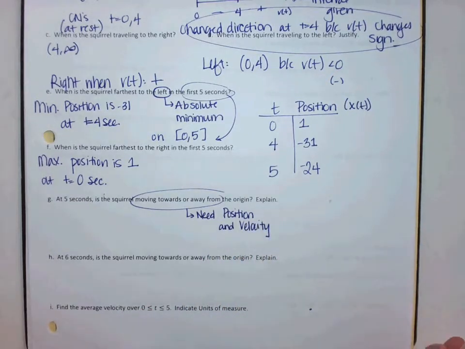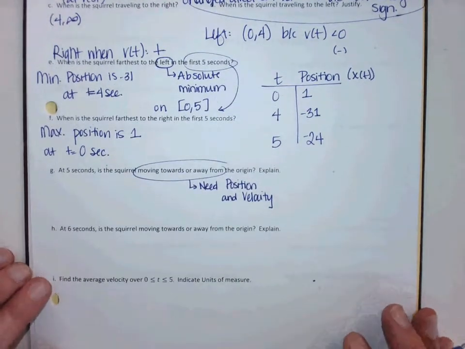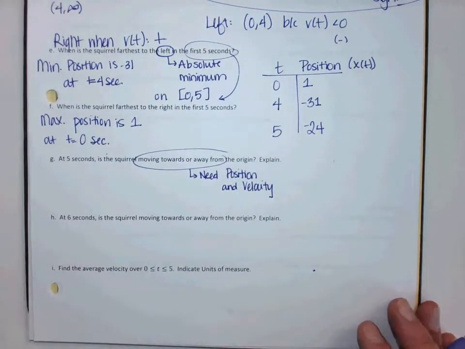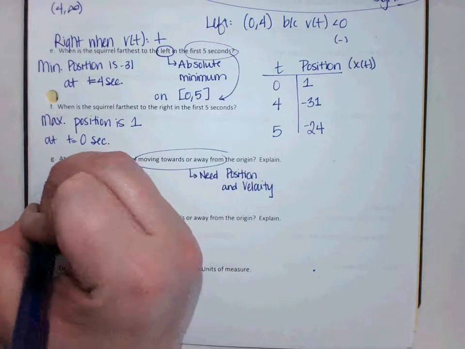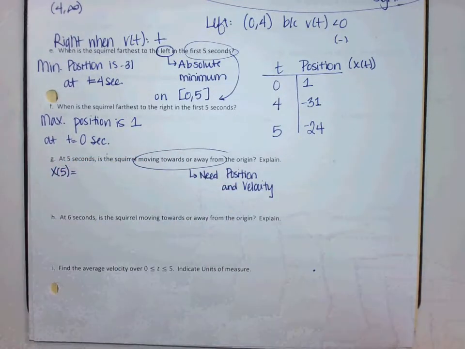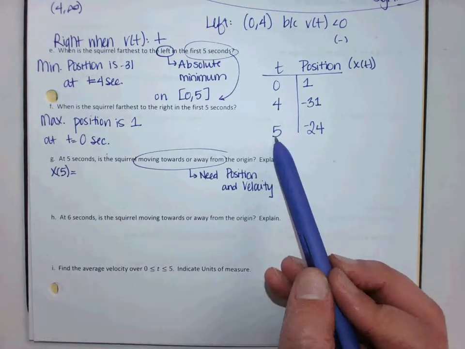And you have to have both to be able to answer the question. Just knowing one or the other is not going to work. So let's find the position at 5 first. Do I need to plug it in by hand or is it already in my chart? Already in my chart.